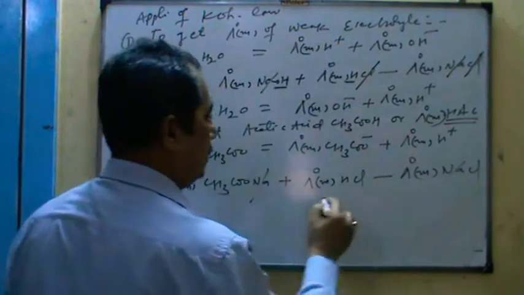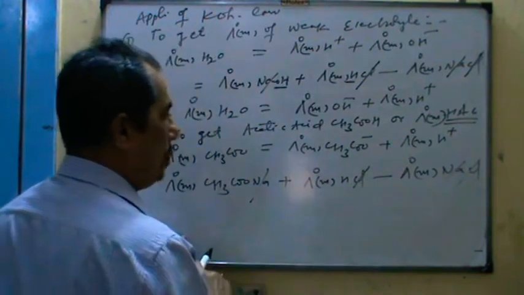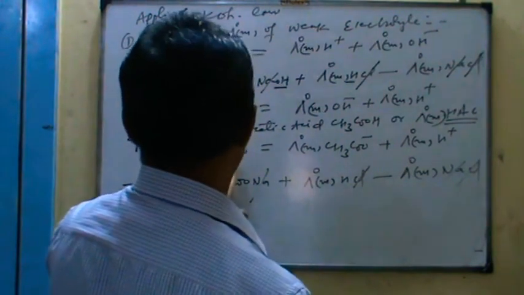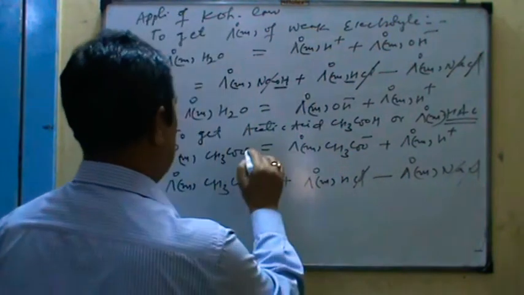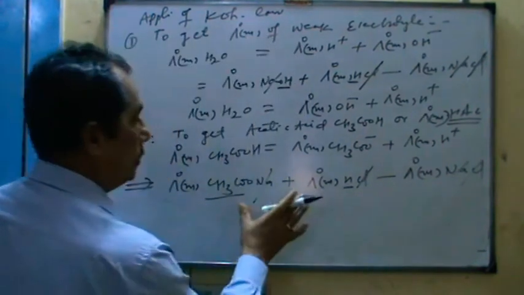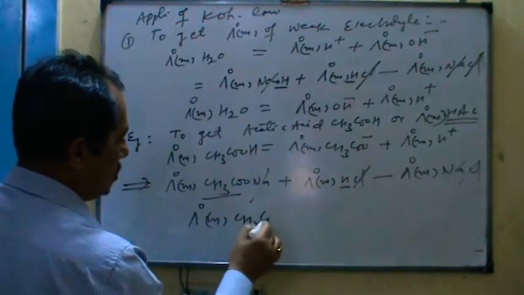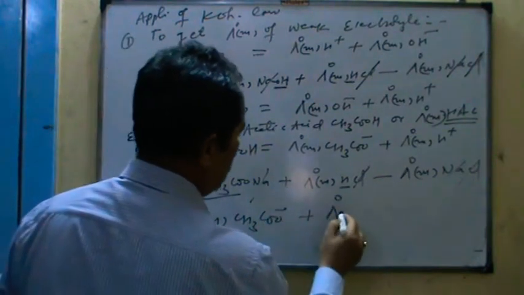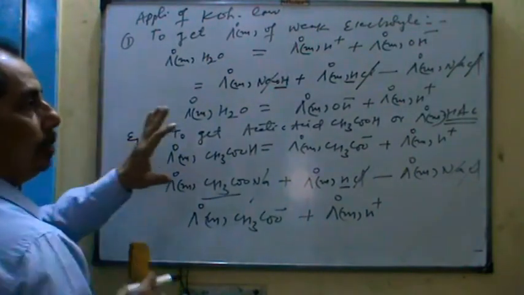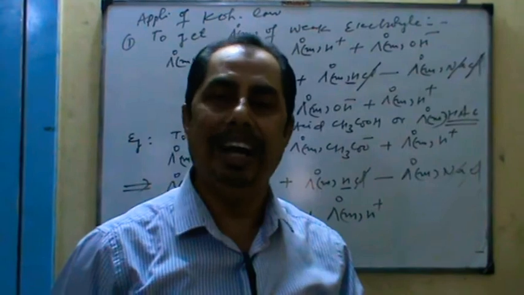Na cancelled, Cl cancelled. So what is there now? We get acetic acid, CH3COOH. This is the way you can calculate limiting molar conductivity of CH3COO negative plus H positive. This is the first application of the Kohlrausch law of independent migration of ions.